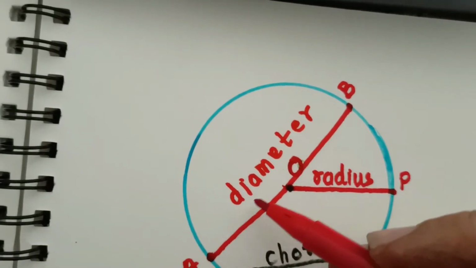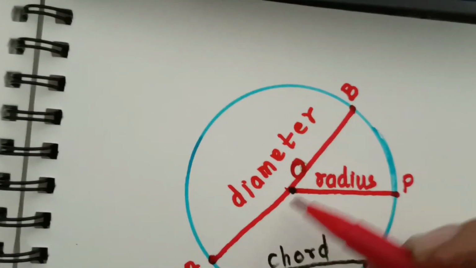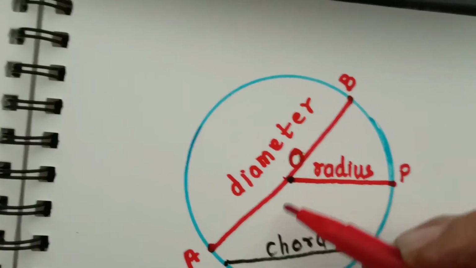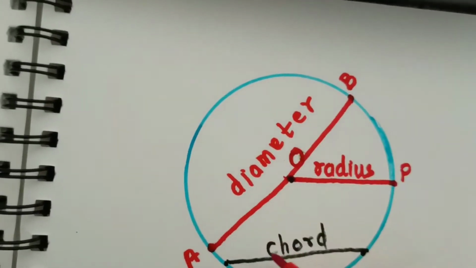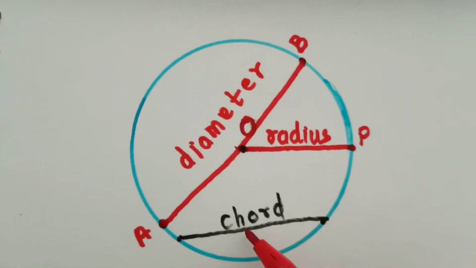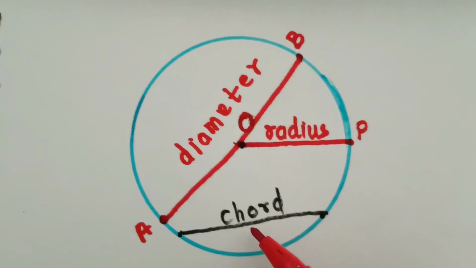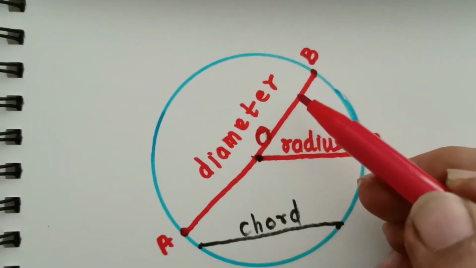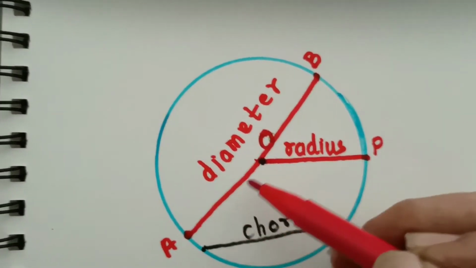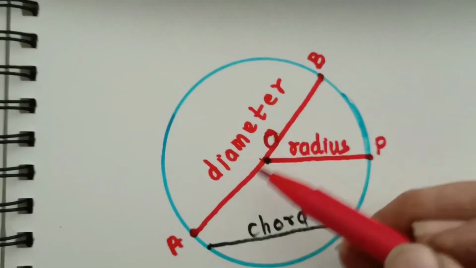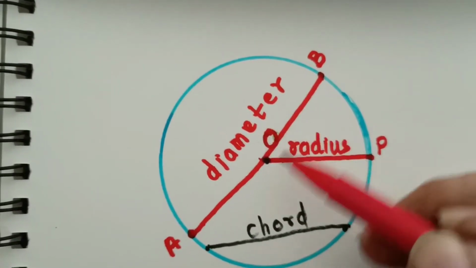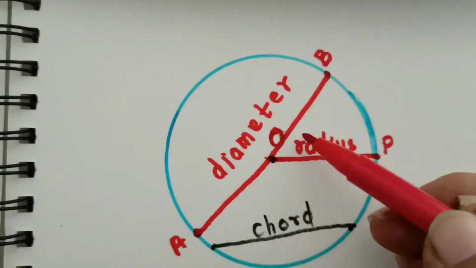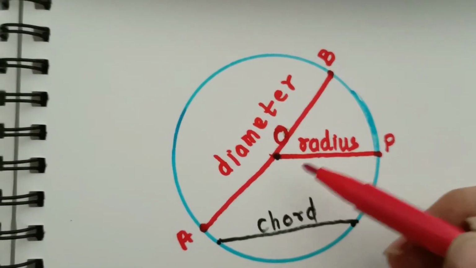That means the diameter is also a chord, the longest chord of the circle, which passes through the center of the circle. This chord is not passing through the center of the circle, that is why it is simply known as a chord. But when 2 points are joined and the segment passes through the center, it becomes the diameter as well as a chord. That means the diameter is the biggest chord of the circle.